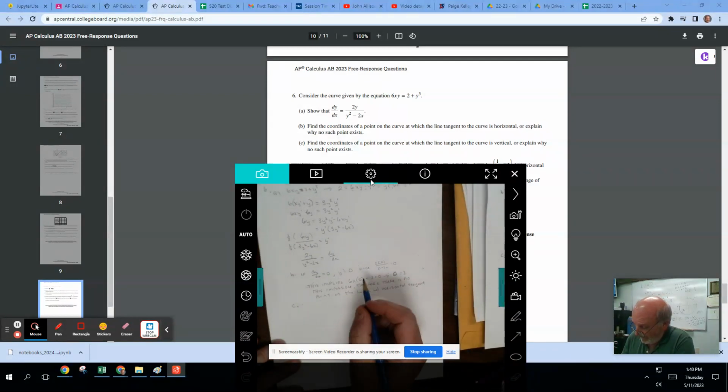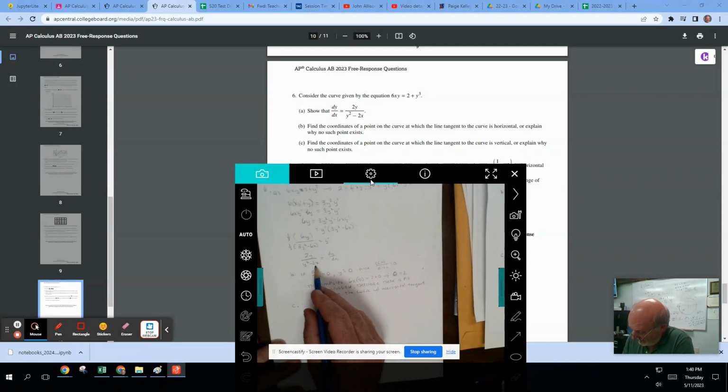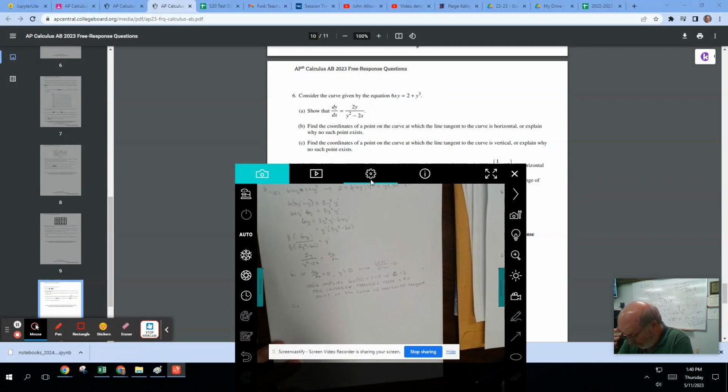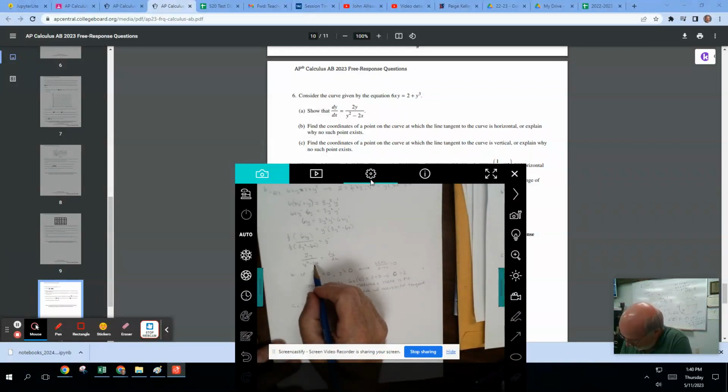So in this case, the denominator would have to equal 0 for dy dx, and the numerator would not equal 0, or the multiplicity of the 0 would be greater in the denominator than the numerator.